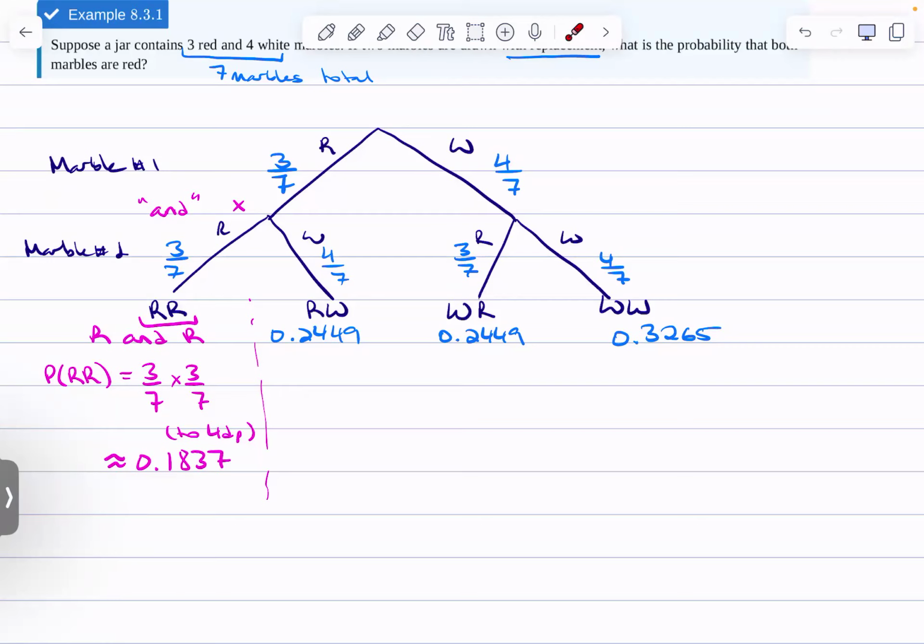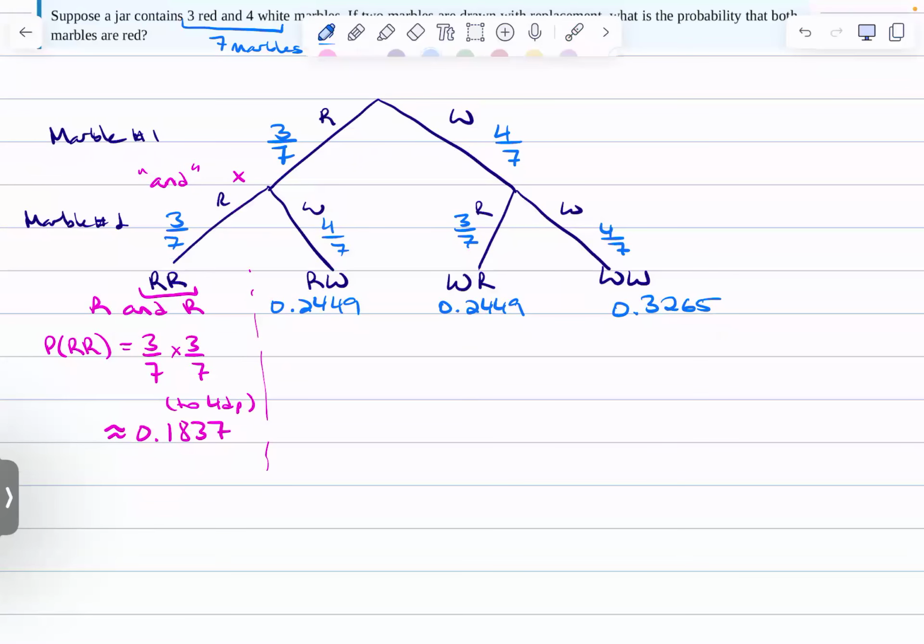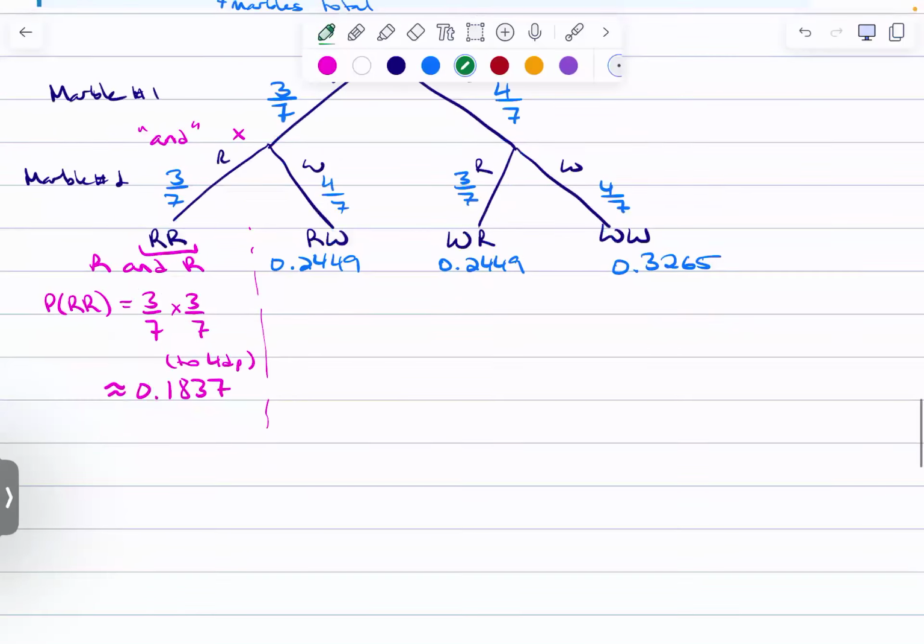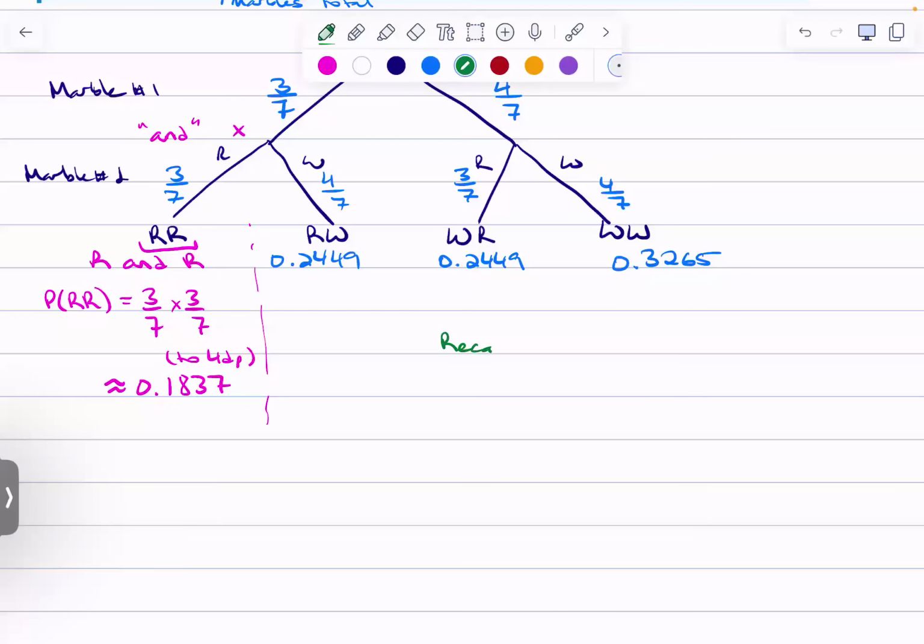So here, this is our sample space, and these are all the possible outcomes if I draw two marbles with replacement. And what do I know? We also recall on your formula sheet, the probability of the sample space has to be 1.